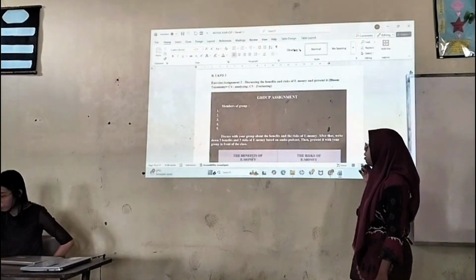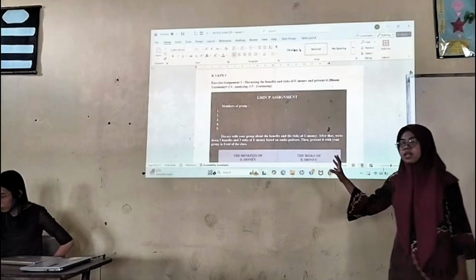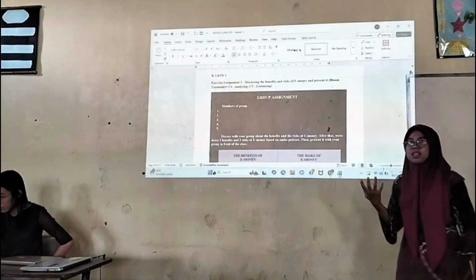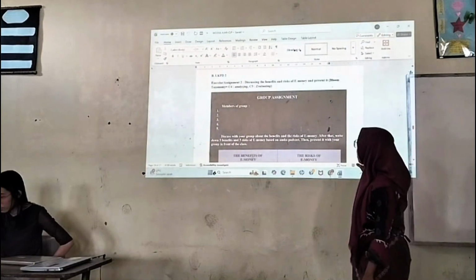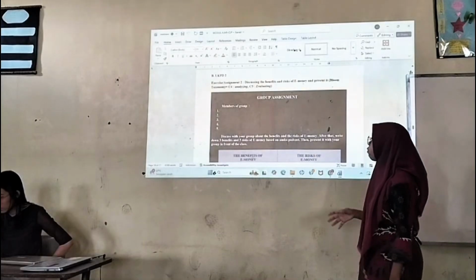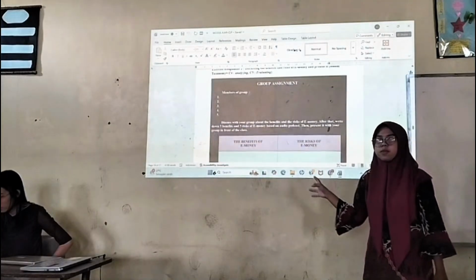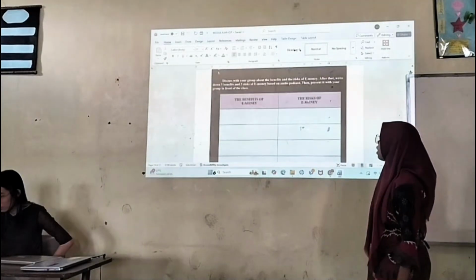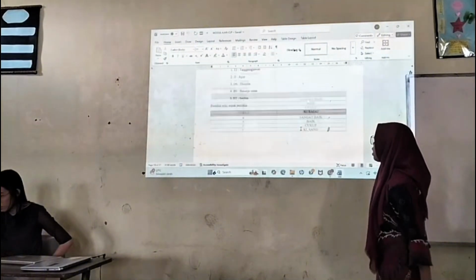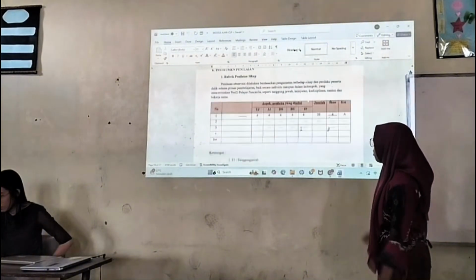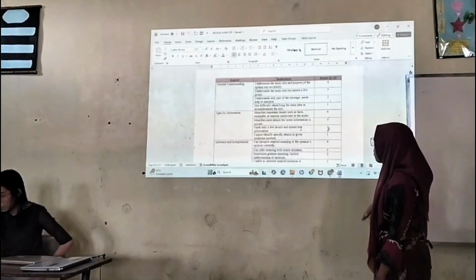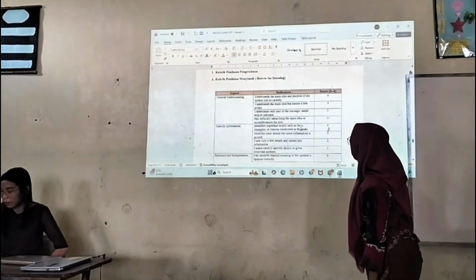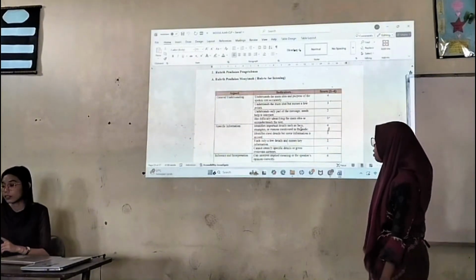This is a formative assessment because we assess the students during the lesson, and we provide rubrics for these two types of assessment. Okay, this is the rubric for the two exercises before.